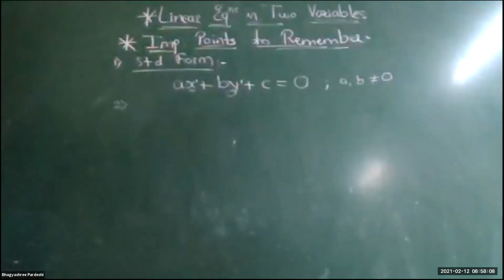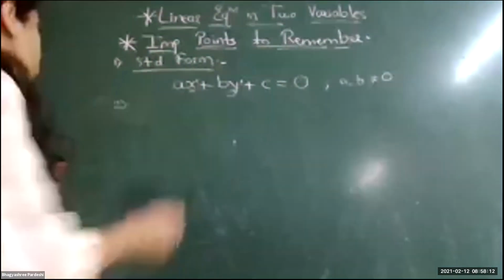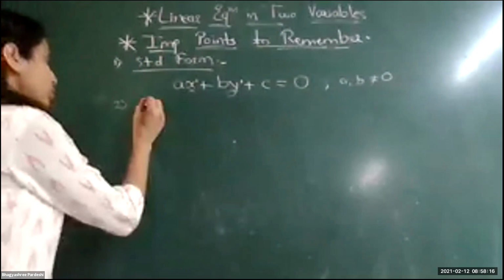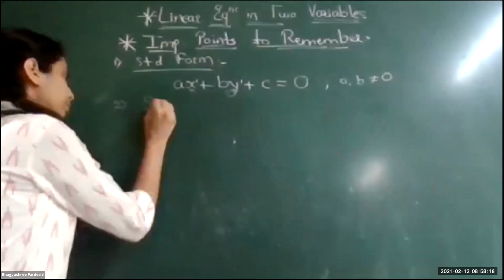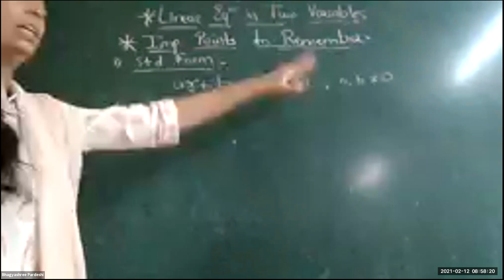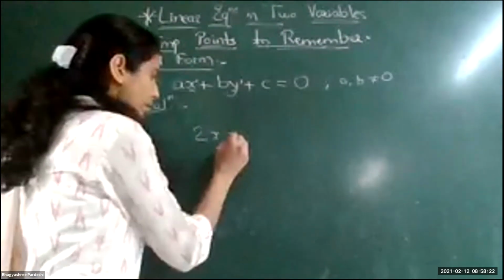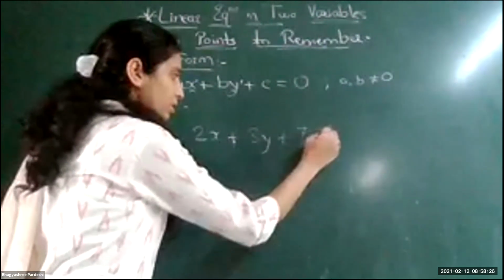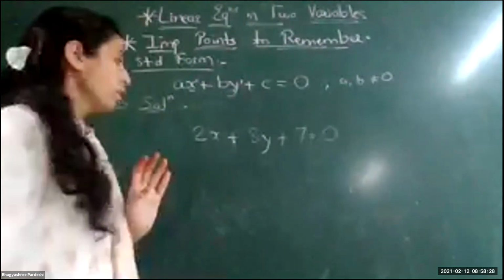Now the next important thing: the solution for this equation, the values of x and y which will satisfy the given equation. Suppose I have the equation 2x plus 3y plus 7 equals 0.